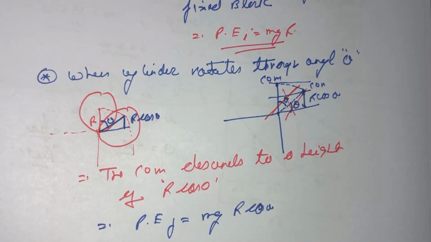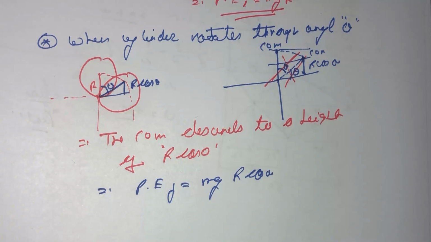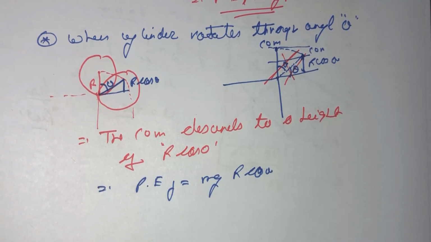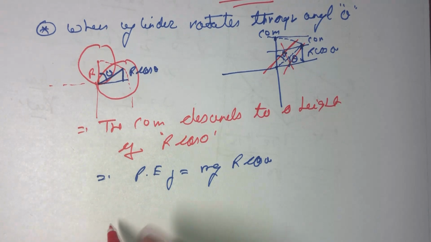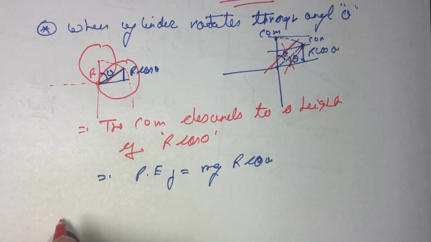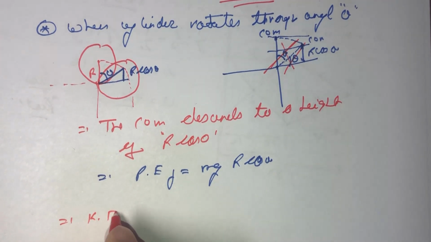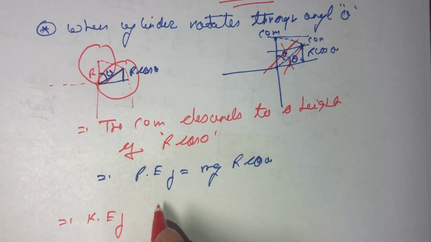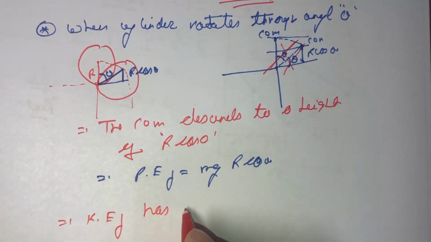Next we are going to find out the kinetic energy, which is the translational as well as rotational. Kinetic energy final has two components.